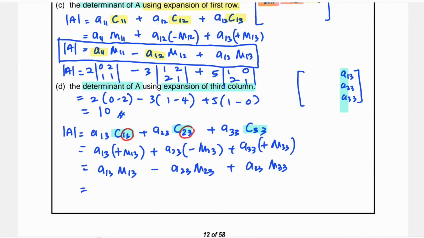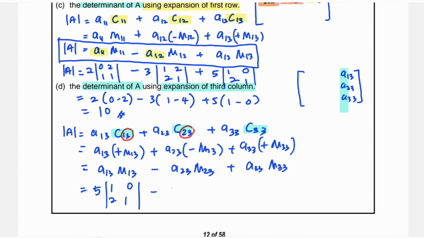So we continue with substituting the correct values. For A13, just refer to the given matrix. A13 equals 5 multiplied with the minor of 13, where you delete the first row and the third column, that gives you 1 0 2 1.